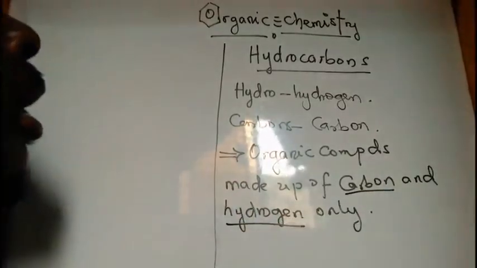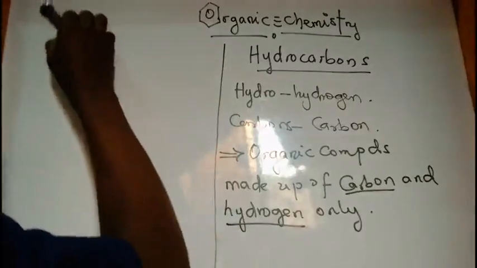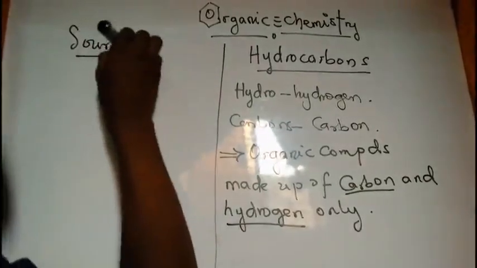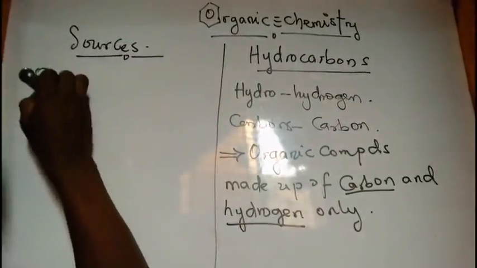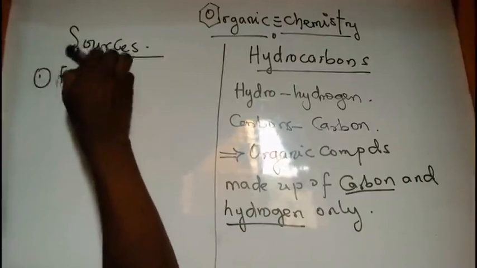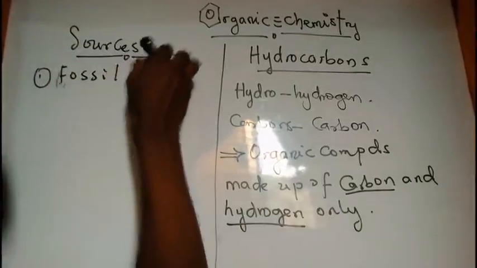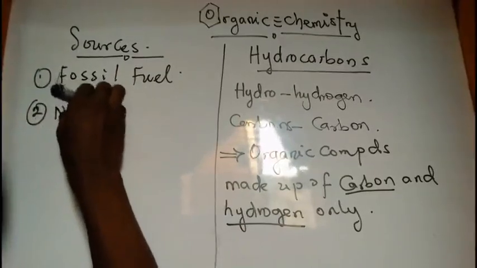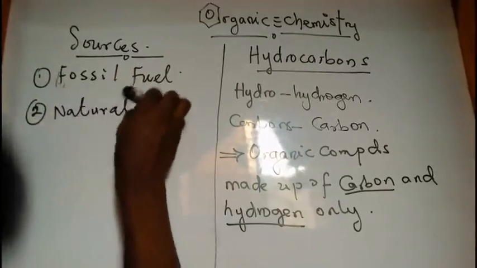So generally, the major sources of hydrocarbon include where we can get hydrocarbon from in nature. One, we talk about fossil fuel. We can get it also from natural gases. Right?